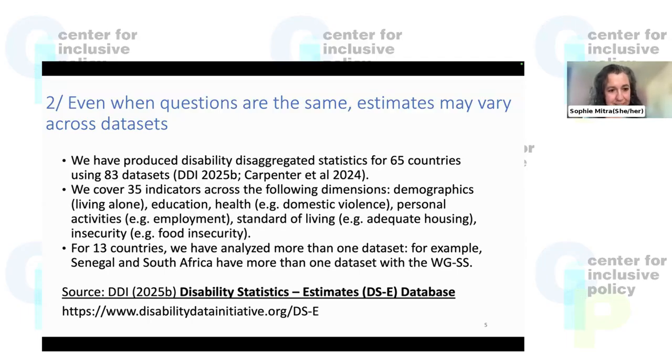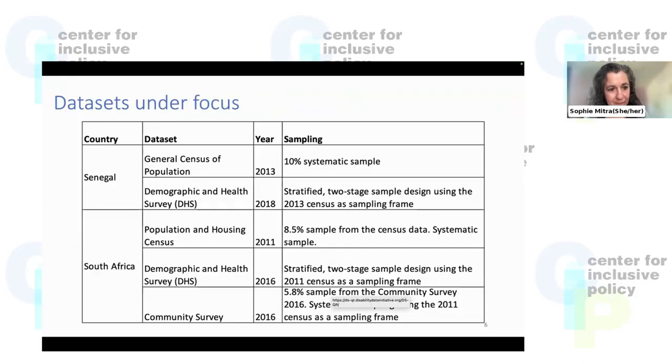Now, for 13 countries, we have more than one data set. So we've been able to compare the results of both prevalence estimates as well as disability disaggregated indicators across different data sets for the same country. I'll give you 2 examples. I'll focus on Senegal and South Africa. For Senegal, we have 2 data sets.